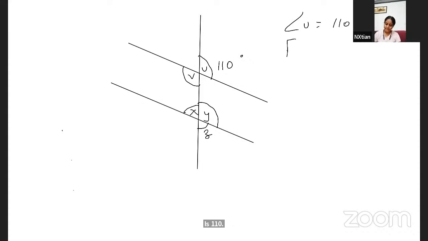Find angle B, angle X, angle Y, and angle Z. Find the measure of all the rest of the four angles.